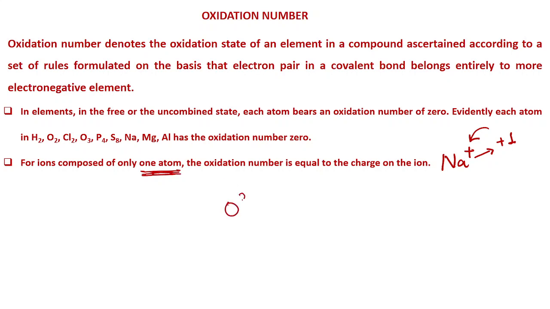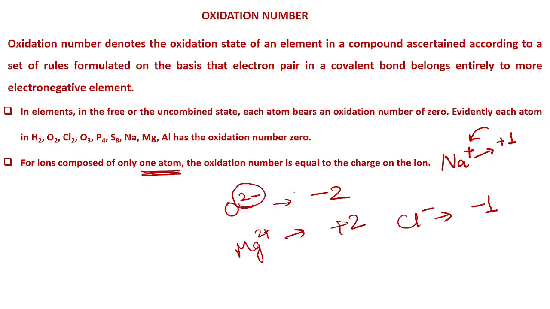Suppose you have O2-, then the oxidation number is -2. If you have Mg2+, the oxidation number is +2. If you have Cl-, the oxidation number is -1. Similarly, the oxidation number is just the charge present on the element in the one atom case.